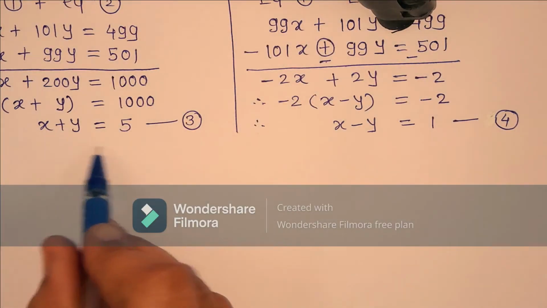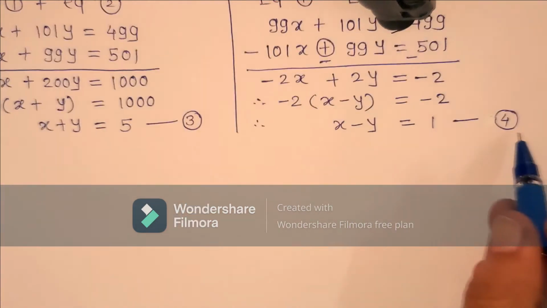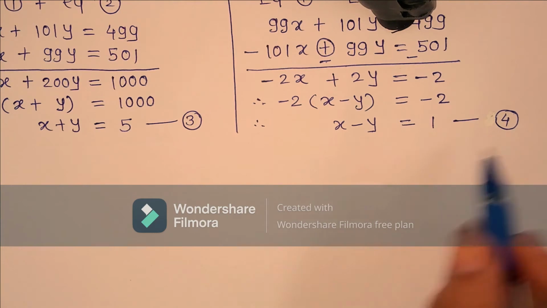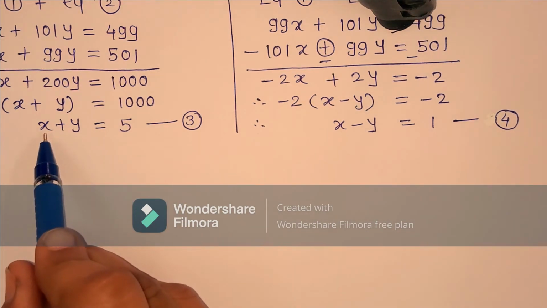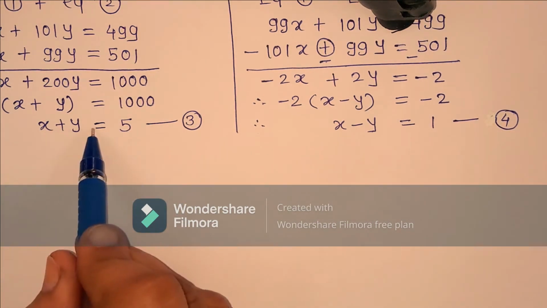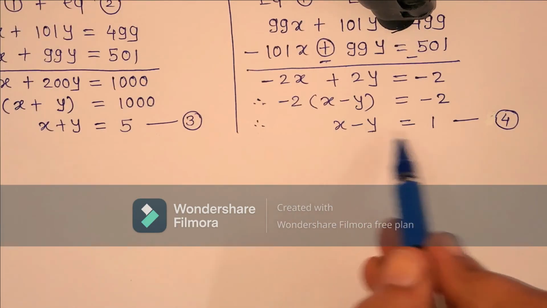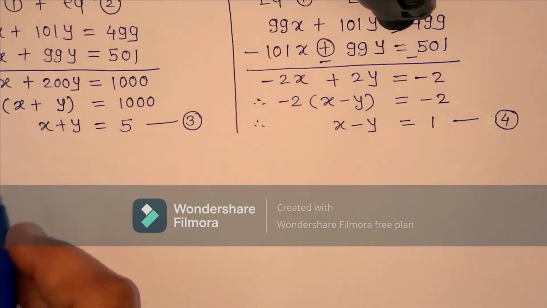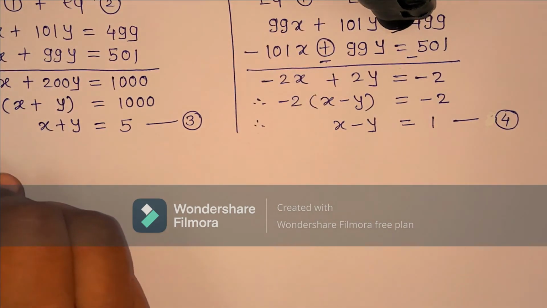Now we have to solve equation number 3 and equation number 4 simultaneously. So here, if you observe these equations, x plus y is equal to 5 and x minus y is equal to 1, we can directly add these equations to get the values of x and y.